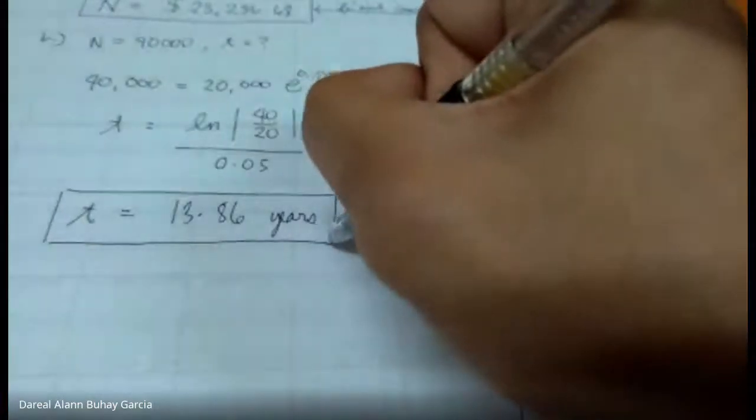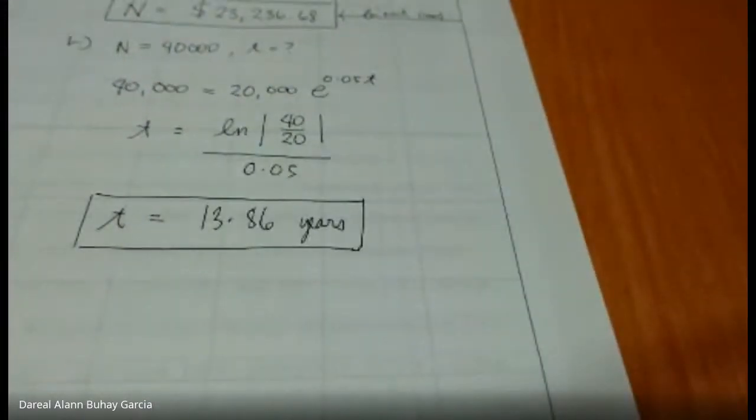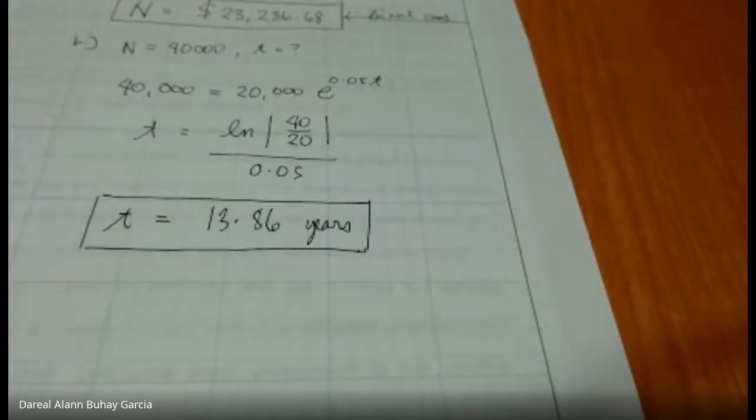Pila mo ng 0.86 times 12? 10 months and 9 days after. 13 years, 10 months after. Pero okay na ni kay, ako lang itong put things into perspective. Pero okay na ni siya, 13.86 years.